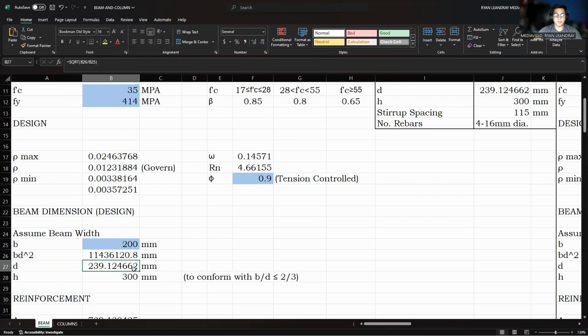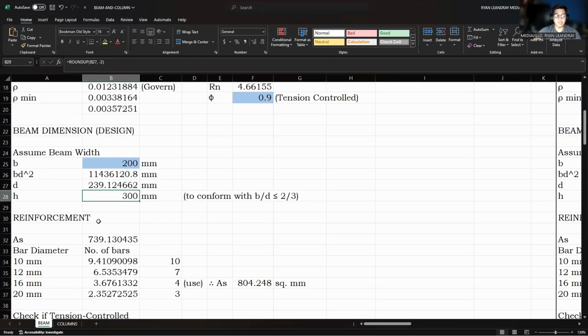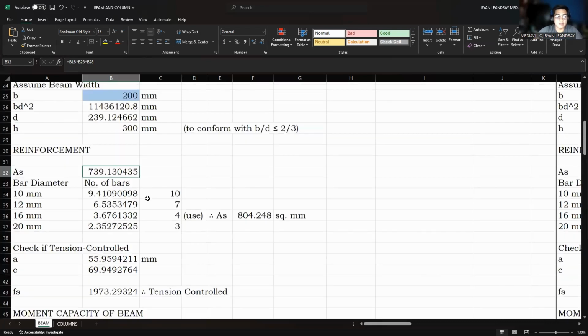And also to conform with the beam width to depth ratio of 2/3, I decided to put the height at 300. So next is the reinforcement, as you can see, which is the area of the steel, the AS, using rho bd, which is 739.130435.